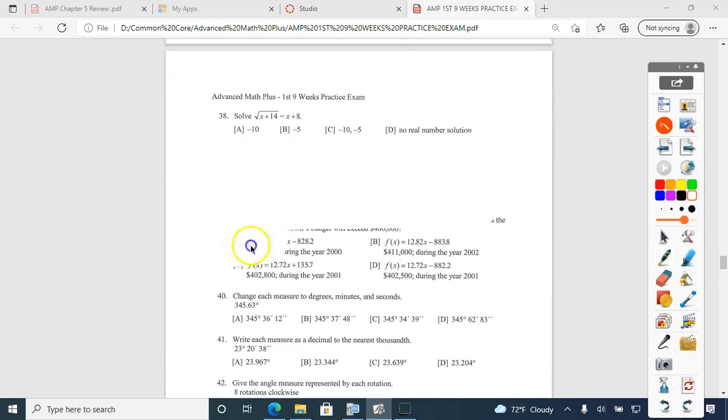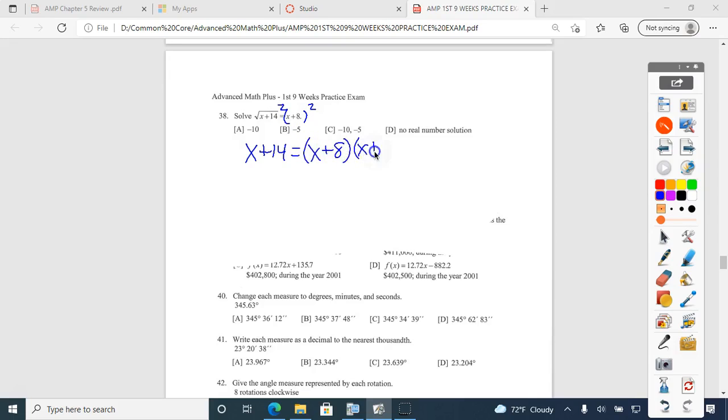Again, I have a note to show on this one. So, I'm just going to square both sides here. Okay, so that'll be x plus 14 equals x plus 8 times x plus 8. You can do the shortcut if you want to. I'm not. I'm going to do the long way.